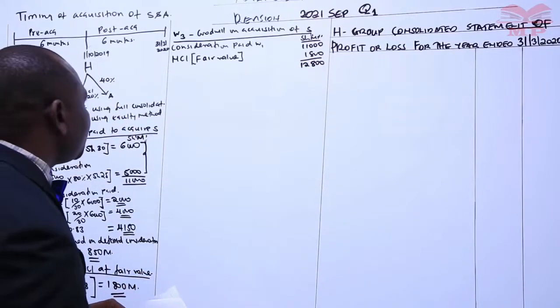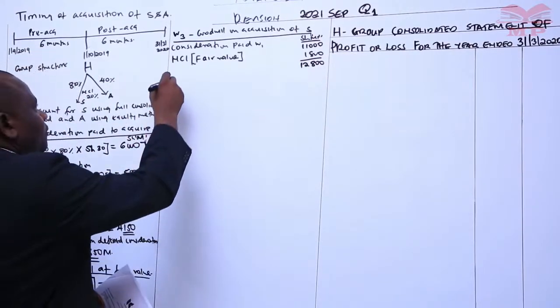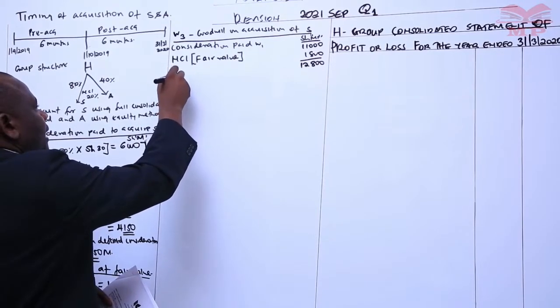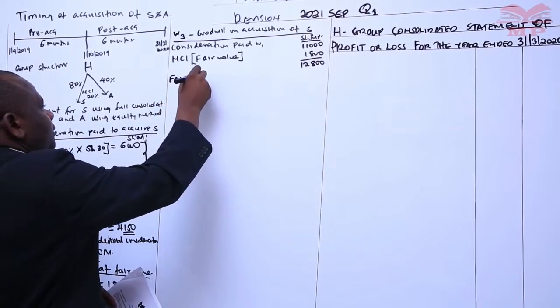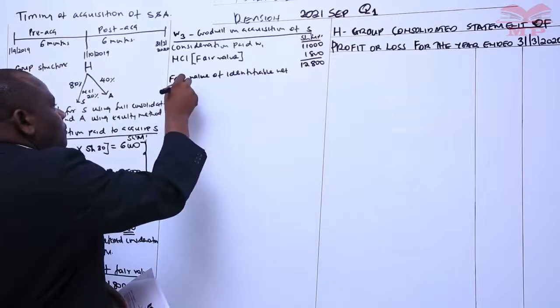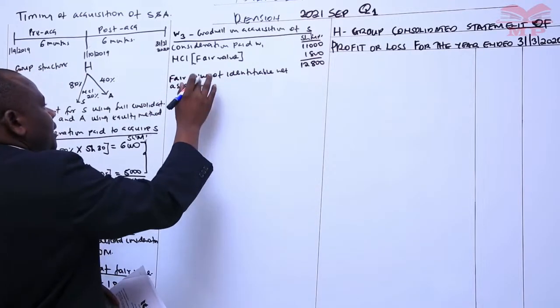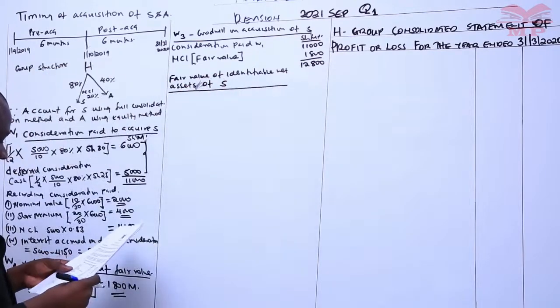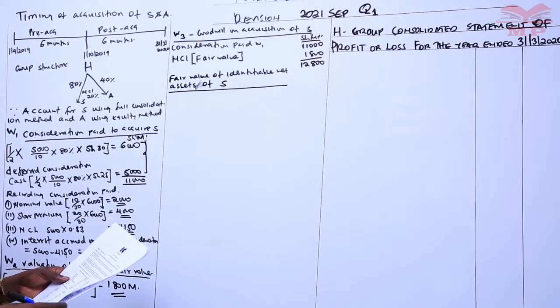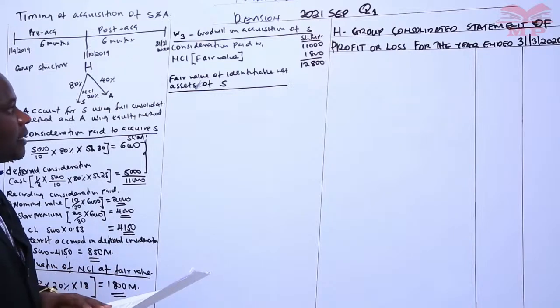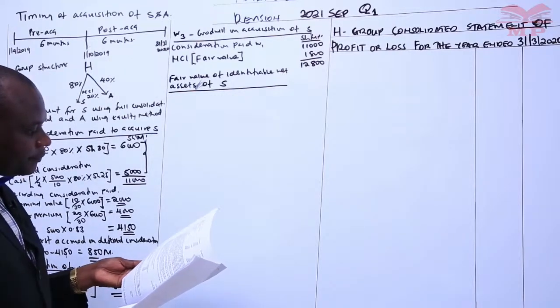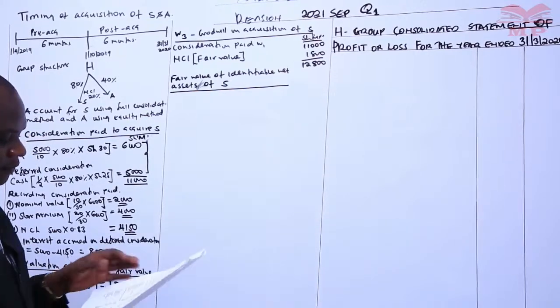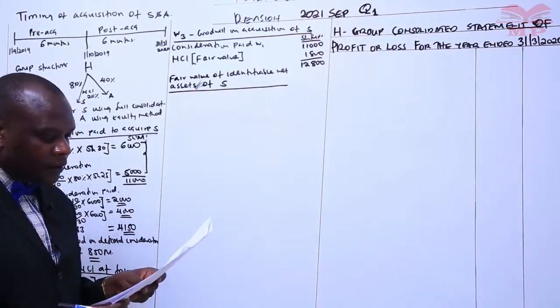To that, we compare with the fair value of identifiable net assets. Net assets of S. The net assets you determine from the equity side of the balance sheet if not provided, and also additional information.